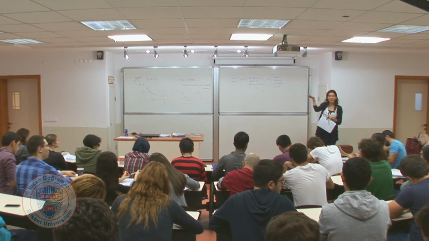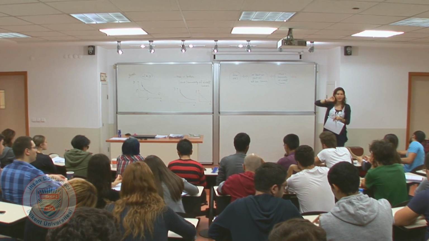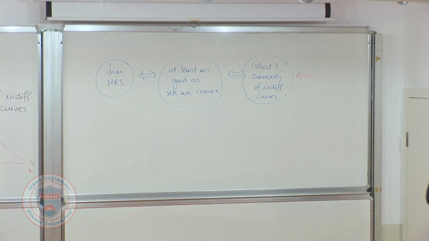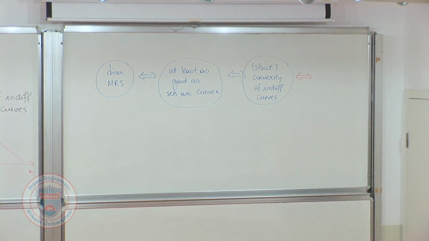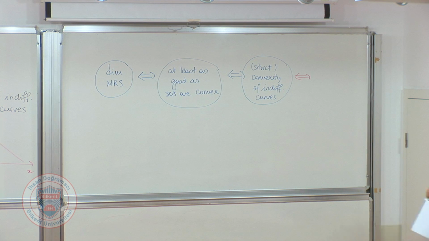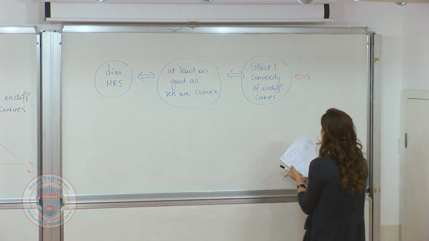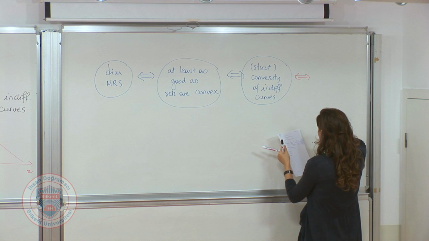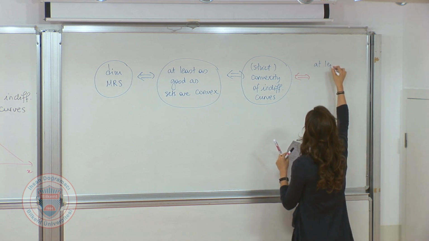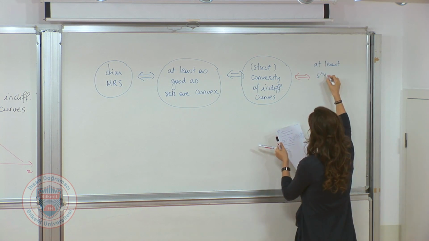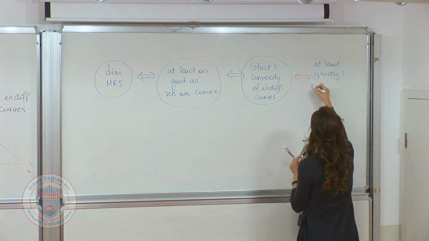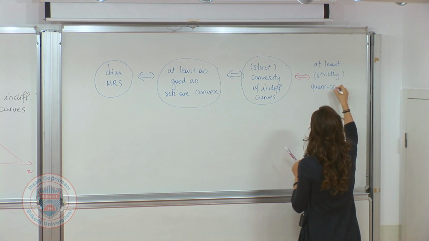So if this indifference curve is strictly convex, it means that the utility function which gives this curve is, as you said, at least strictly quasi-concave. Okay, so that's actually what we said. So this was basically an at least strictly quasi-concave utility function.